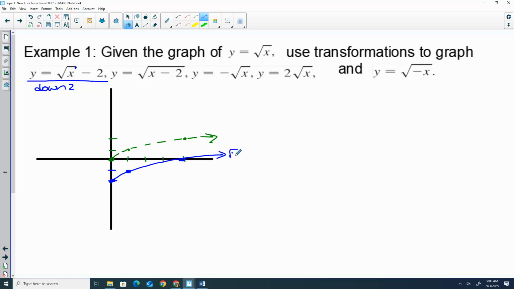That's my square root of x minus 2. If the minus 2 is on the inside, what happens? So it would be taking my original, that green one, and moving every point right 2.